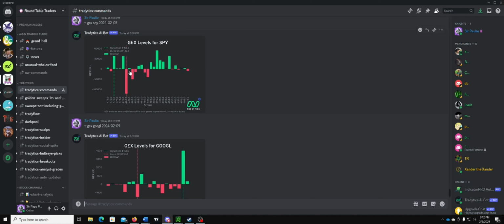Okay, so let's say we have a large green bar here, 490. If the price drops below 490 on Monday, this large green bar and the combination of all these green bars will repel the price and shoot it down. But now we have a combination of a red and green bar here, which is supposed to be a bounce level.